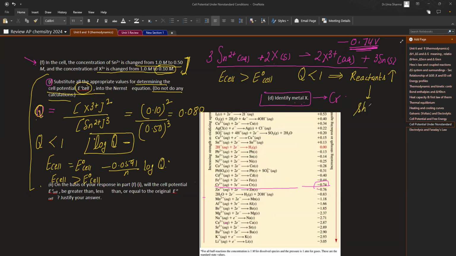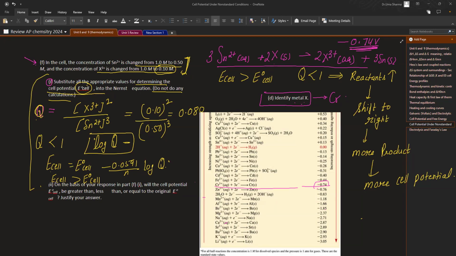It will shift to the right. If it is shifting to the right, it means more products. More products means more cell potential. More reaction, more cell potential. Just take it that this question can be there in the exam. So that's the answer of the first part.